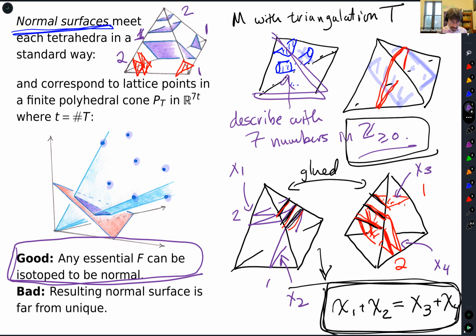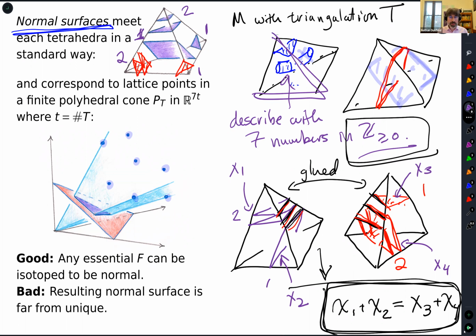Anyway, there's a theorem which says that if we're interested in essential surfaces, we can focus on just these normal ones. The bad news is that the resulting normal surface might not be unique. And since we're trying to count things, we're going to have to worry about counting normal surfaces that are actually isotopic, even though they're not the same.